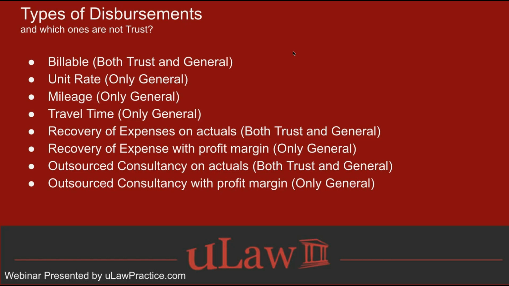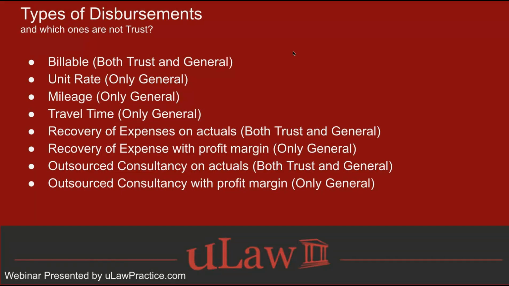Now that we saw what disbursements are, how disbursements are recovered, how they are first of all recorded, and so on and so forth. Now, what are the types of disbursements? There can be disbursements for a very simple example, like unit rate. Unit rate is mostly for photocopies and printouts, etc. It can be for travel, which is where mileage comes into the picture.